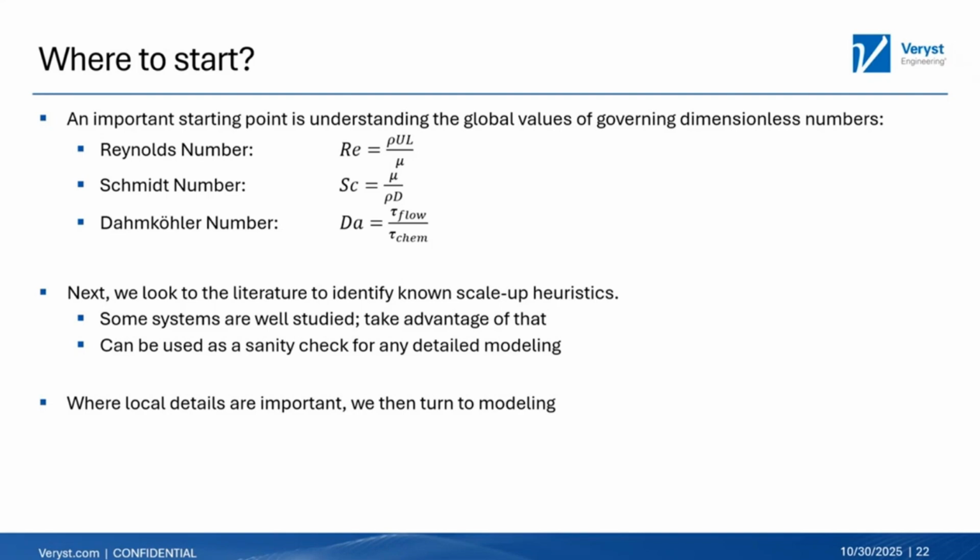And finally, understanding the Damköhler number. The Damköhler number tells us the relative timescale ratio of the characteristic flow timescales versus the characteristic chemical kinetic timescales. Usually what we take for the chemistry timescale is the rate limiting step of our chemistry, which we can determine from the rate of reaction and our anticipated concentrations in that reaction step. Now, once we have a general sense of where our system lies in terms of our overall dimensionless numbers, we will next look to the literature to identify known scale-up characteristics.